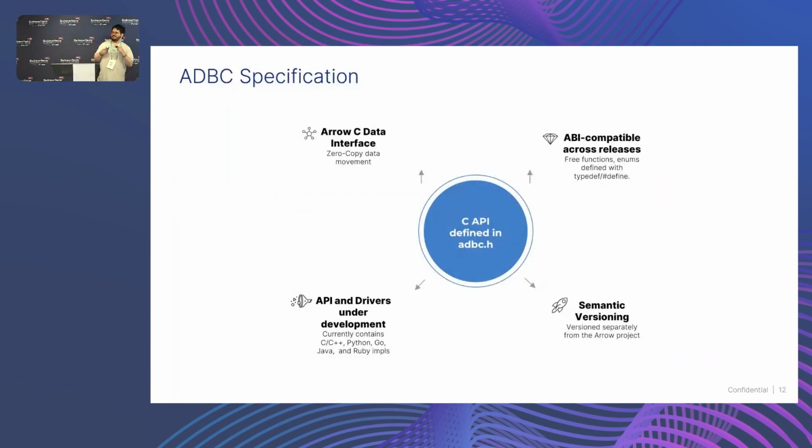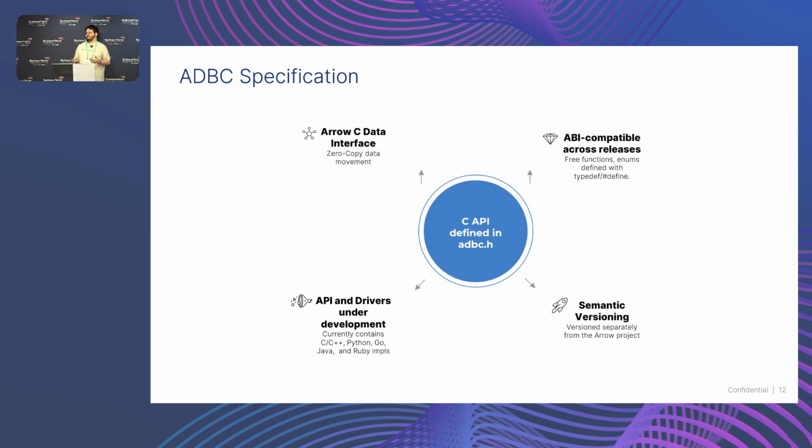So ADBC is a specification along with a bunch of things that implement that specification. At its core, ADBC is a header file that defines an interface. The reason for this is because most things can interface with a C interface.